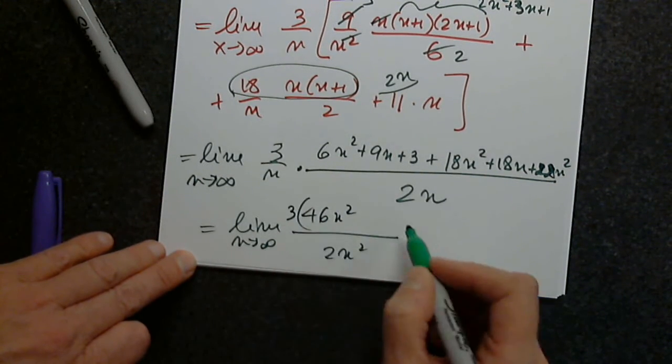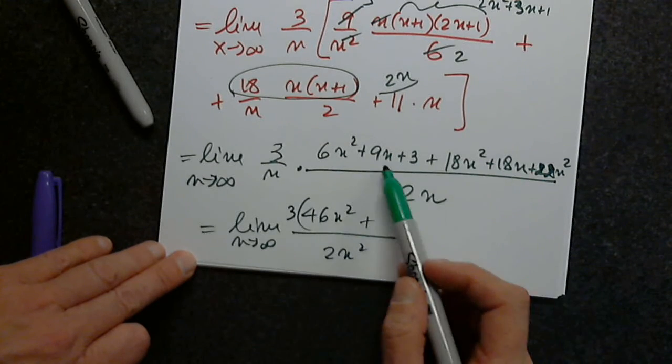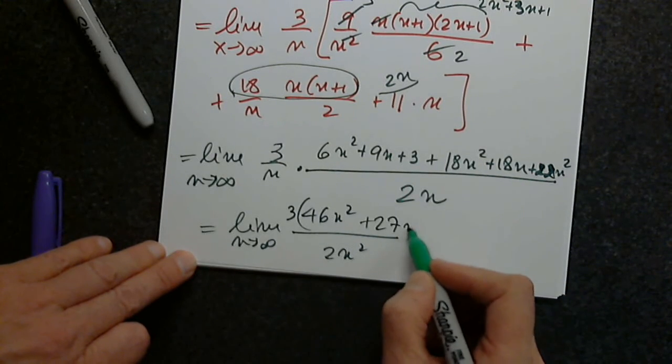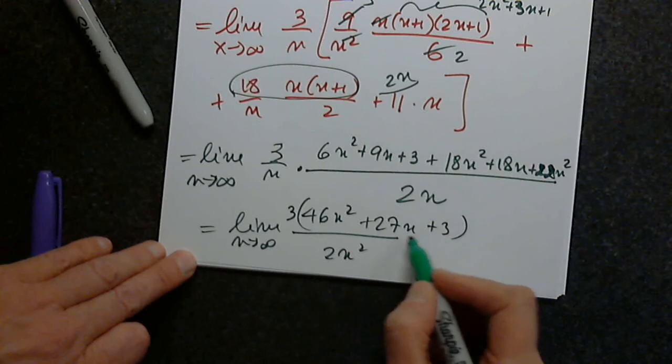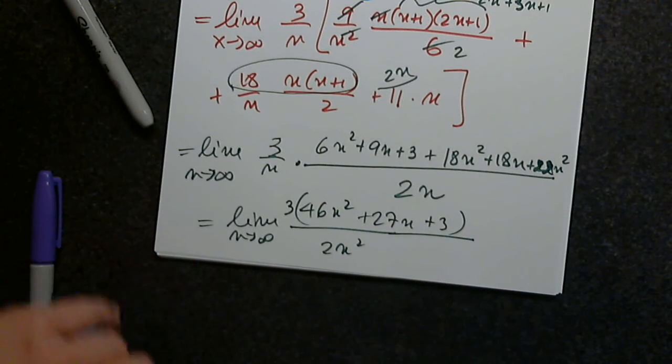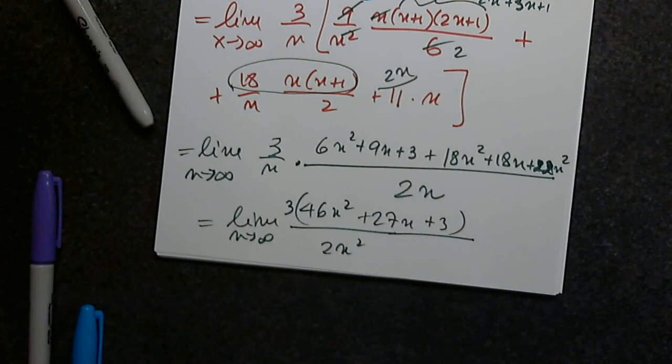Don't forget a 3 in front. Right this moment I can stop and write the answer if I wanted to. The top has degree 2. The bottom, degree 2. The limit goes to infinity. So 46 divided by 2 would be 23, and 23 multiplied by 3 would be 69.